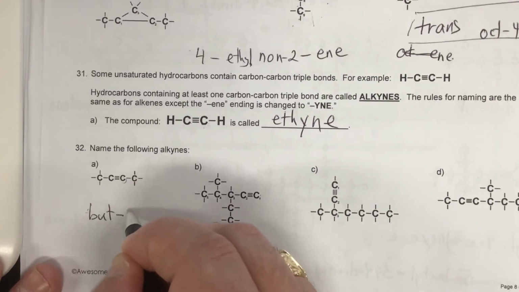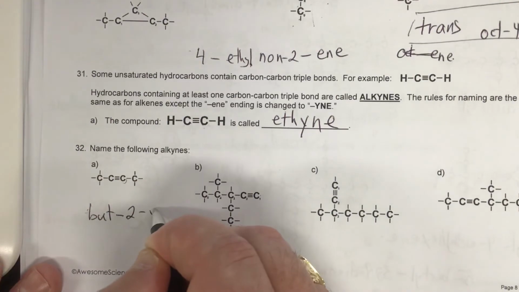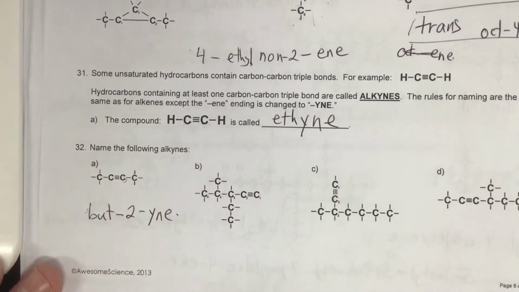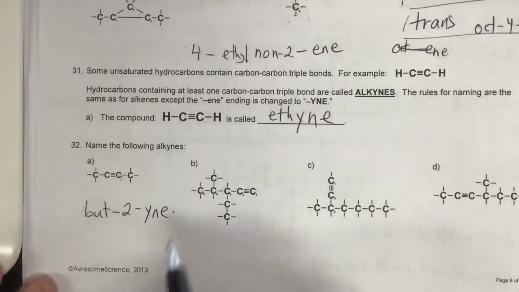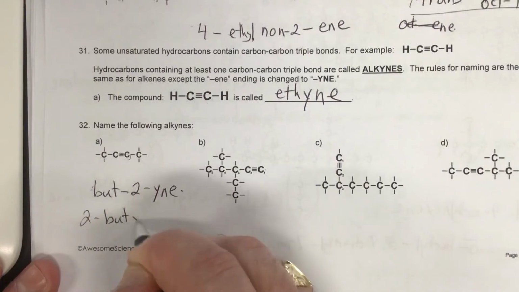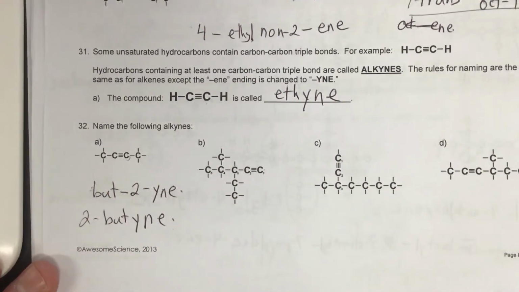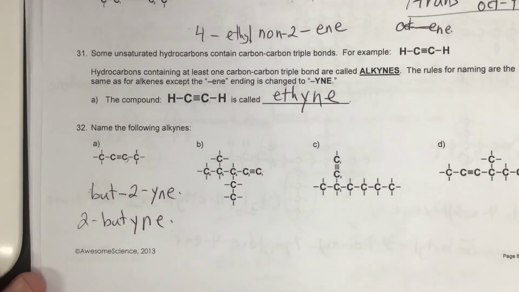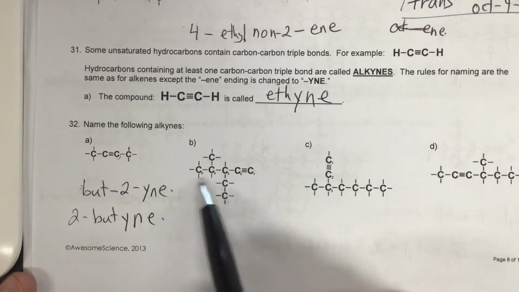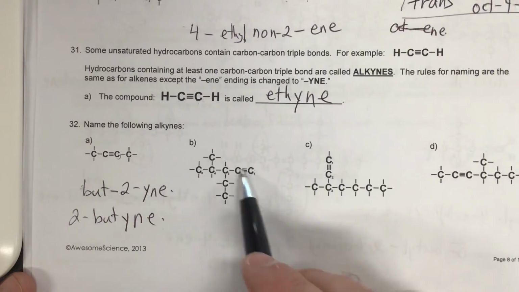So it's going to be but-2-yne. Remember, on a test, this could show up too, and it would be perfectly okay to say 2-butyne, like that. Okay? Remember the chain has, so this is 1, 2, 3, 4, oh, they've labeled it for us. So it's on the first carbon.